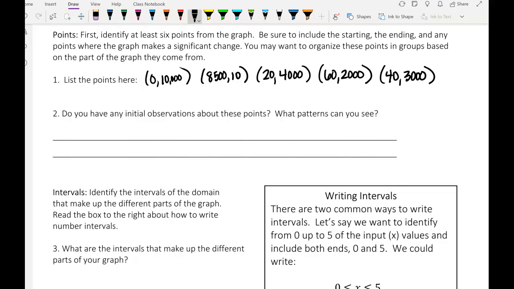All right, Amaret, what's a point you and your group came up with? 90 and 500.